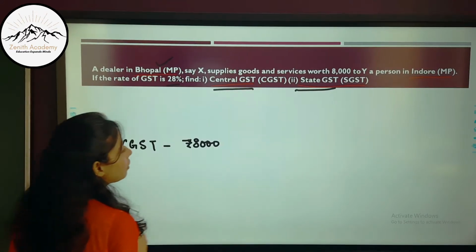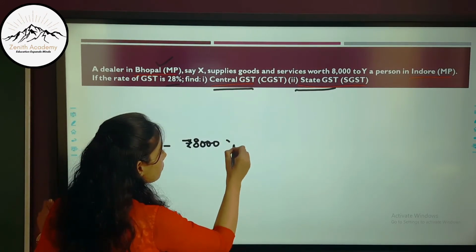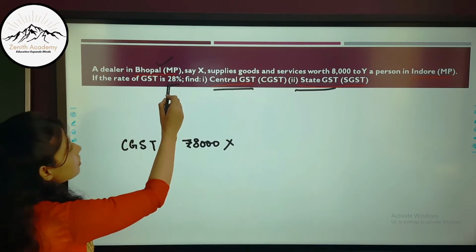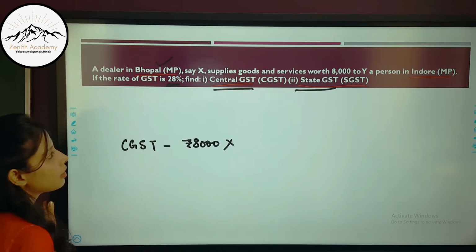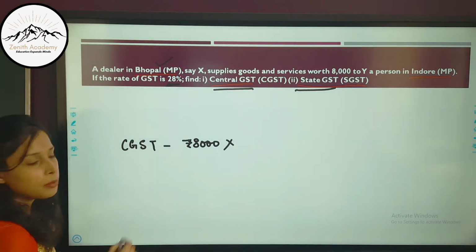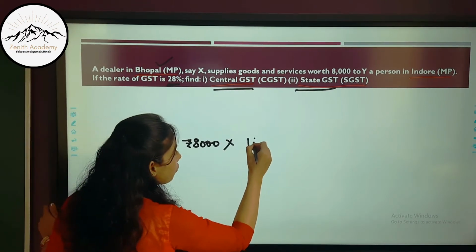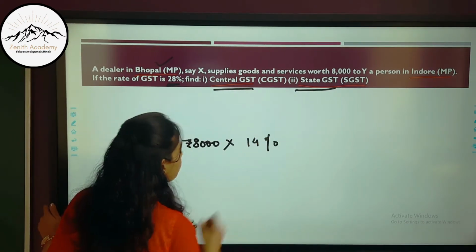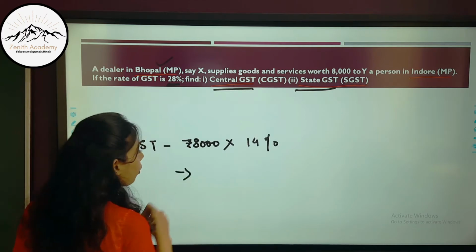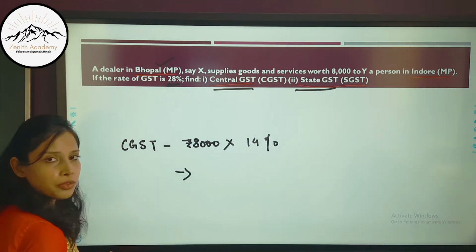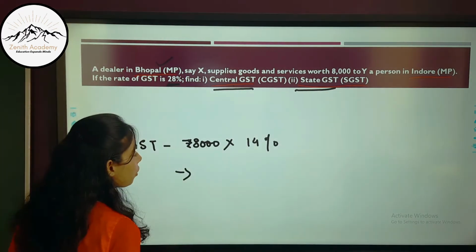Please don't forget to write the unit. Rupees 8,000 into, now since this rate is 28%, we'll allocate equally between central GST and state GST. So it will be 14% for CGST. So what will be the amount? 14% of 8,000. What will be?